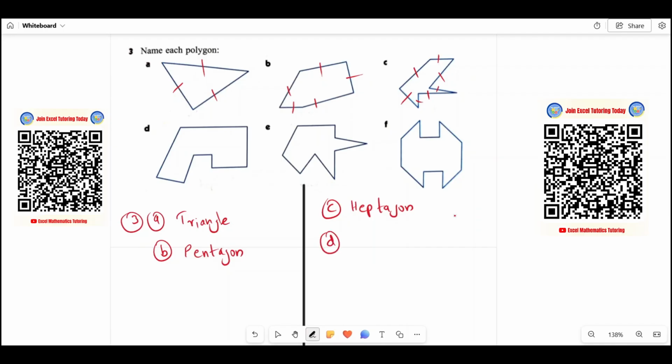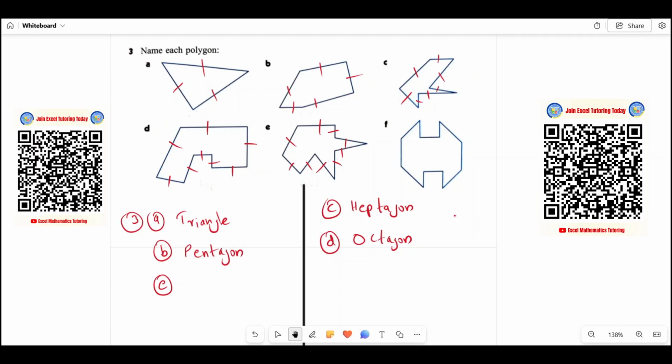And D, how many sides for this polygon? 1, 2, 3, 4, 5, 6, 7, 8. So 8 sides we call an octagon. And next one, how many sides for this polygon? 1, 2, 3, 4, 5, 6, 7, 8, 9.